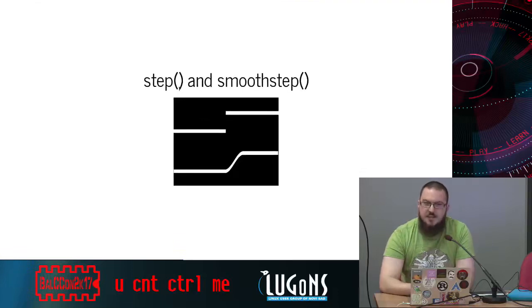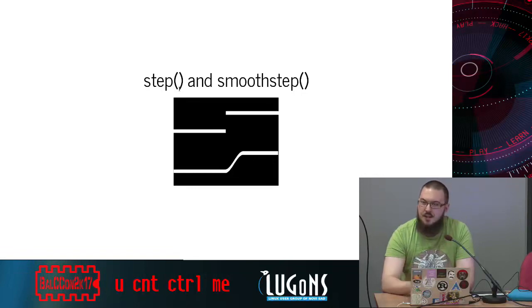So the step function does the following. You specify a threshold, and if you're below the threshold, the step function will give you a 0, and if you're above the step, you get a 1.